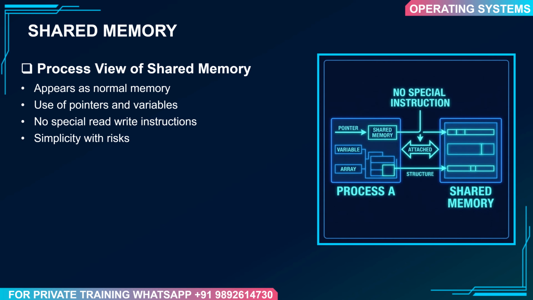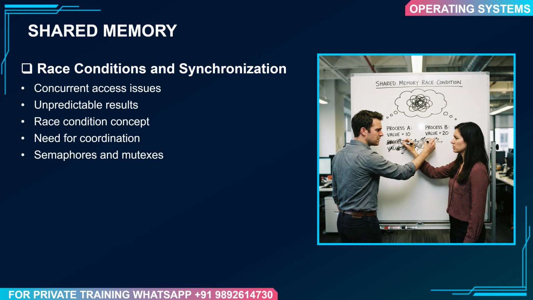From the process point of view, once the shared memory is attached, it looks just like normal memory. The process can use pointers, variables, arrays, and structures on it. There is no special instruction required to read or write shared memory. This simplicity is powerful, but it also introduces new challenges. To understand those challenges, imagine two people writing on the same whiteboard at the same time.